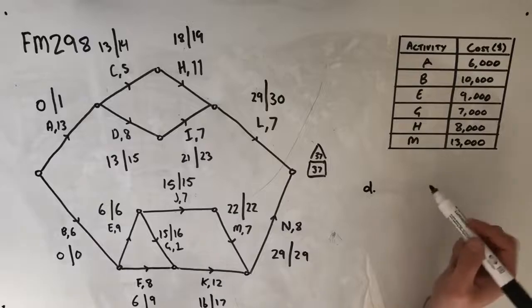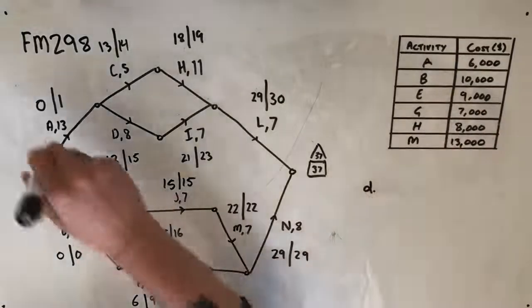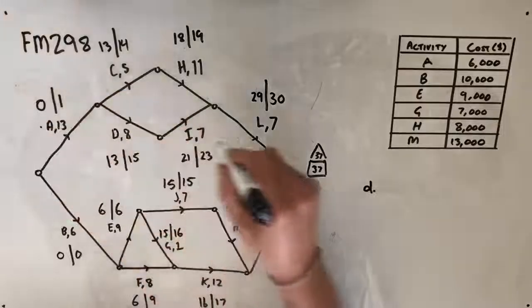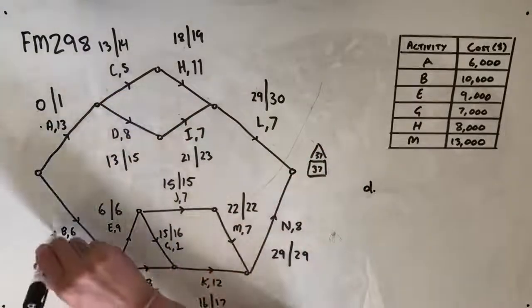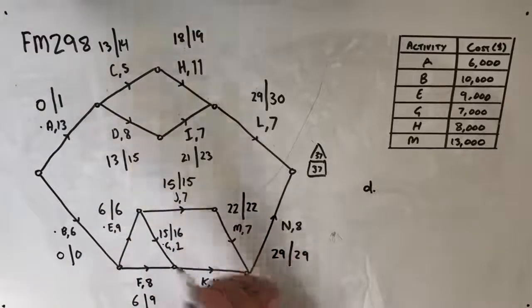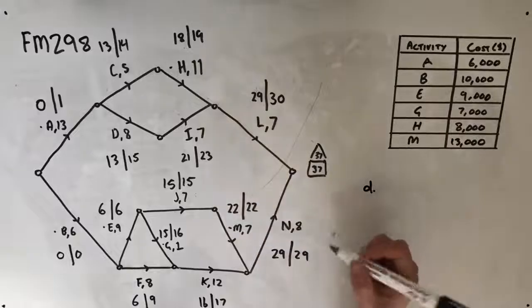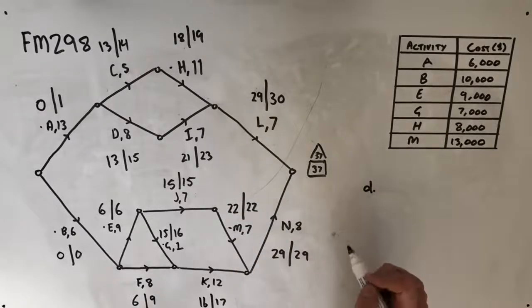Awesome. So we can look at activities A, D, E, G, H, and M that we can reduce. So of course we want to start off by looking at whether we can decrease our critical path.